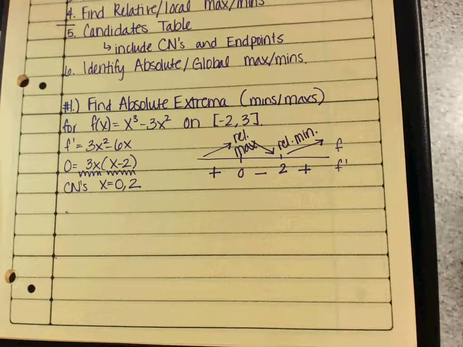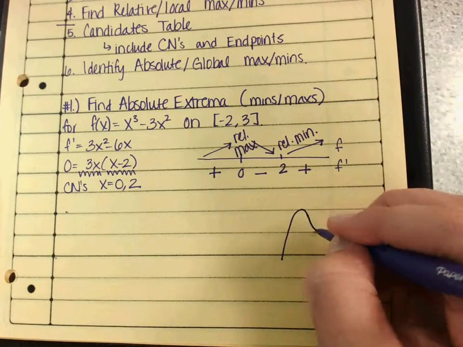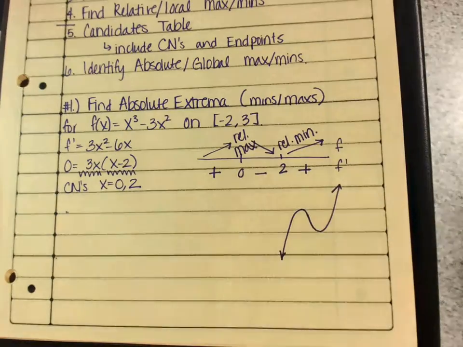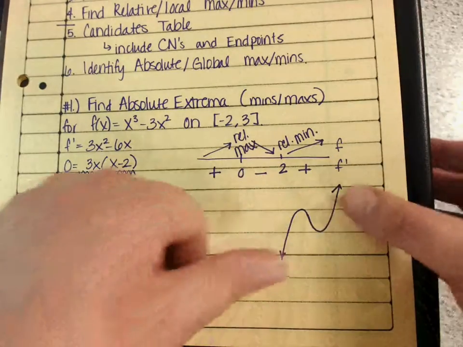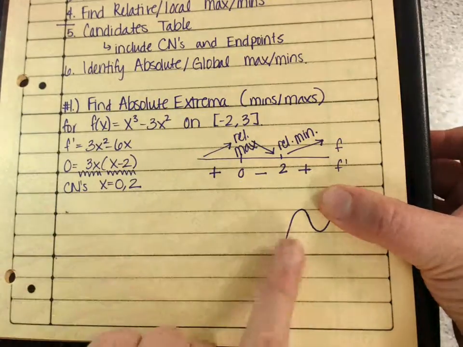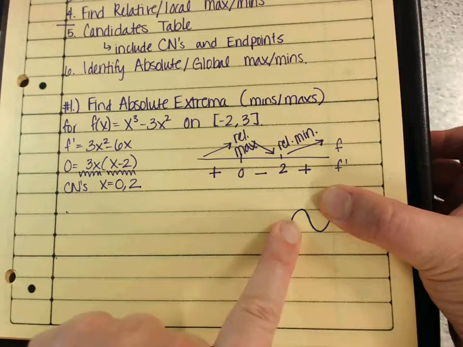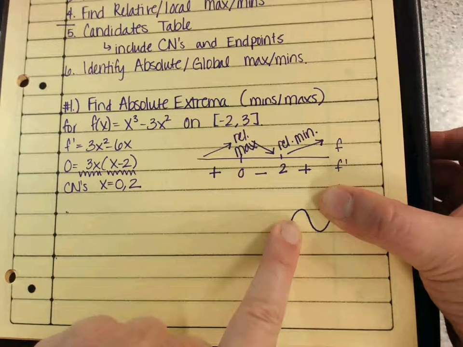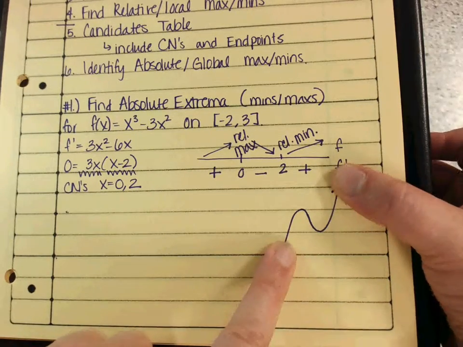But here's the question. There are 2 ways that your graph could look. Okay, let's say it goes like that. If my interval, I'm going to just use my hands here, is here, pretend, then would my max be the highest that I already found? And would my min be the lowest? Okay, what if I move my fingers out to here?